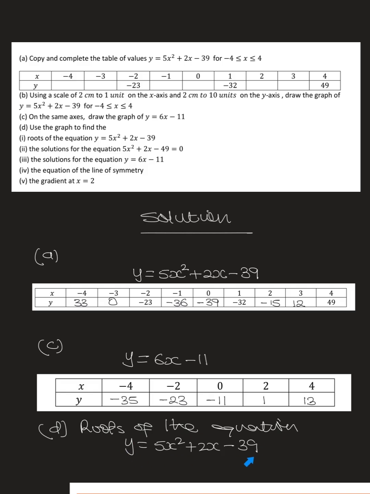This is the given equation. If we compare it with the parent equation, we realize that there is no difference. So whenever you have such a situation, you find the roots of the equation at a point where the curve cuts the x-axis. Let's try to demonstrate that on the graph sheet.